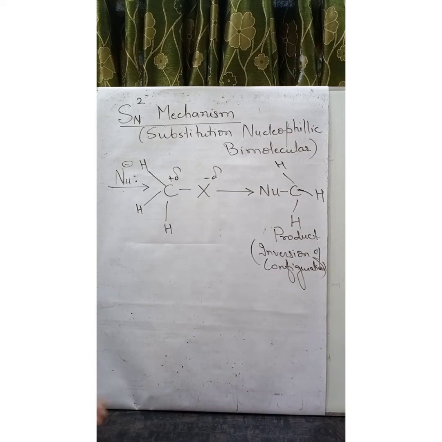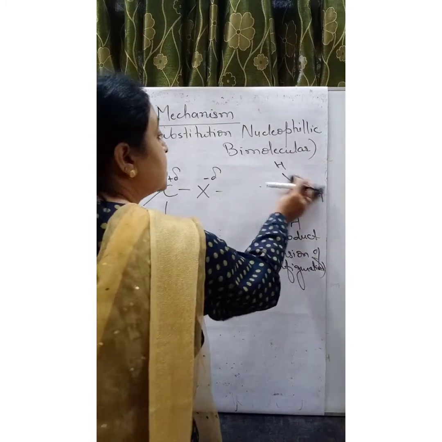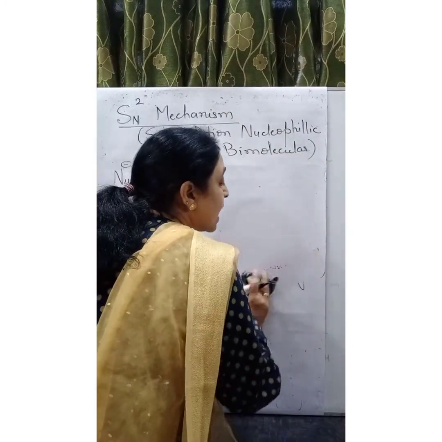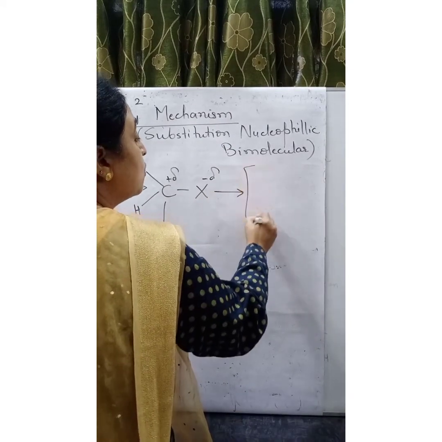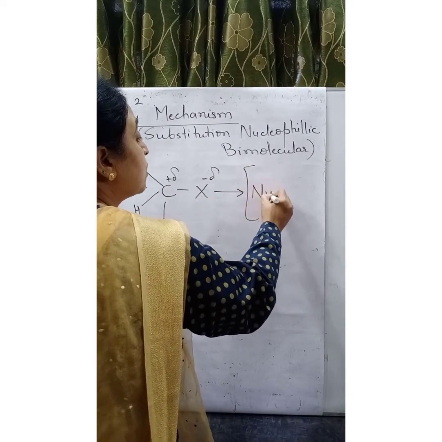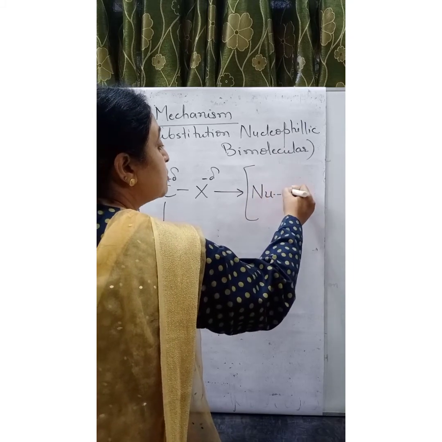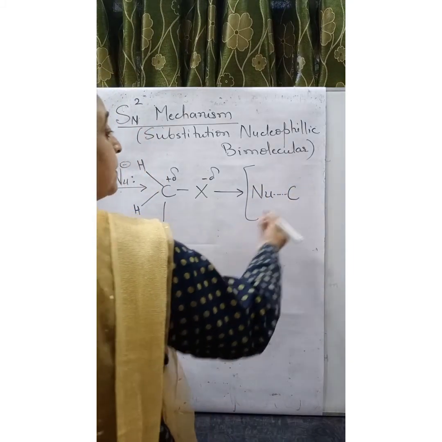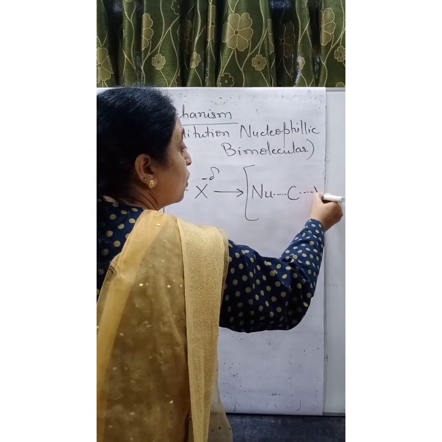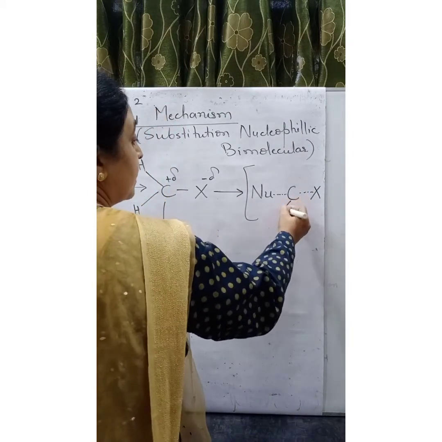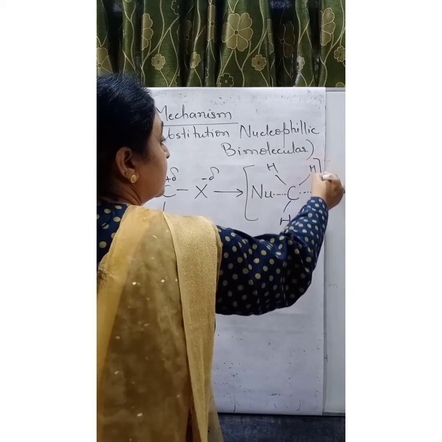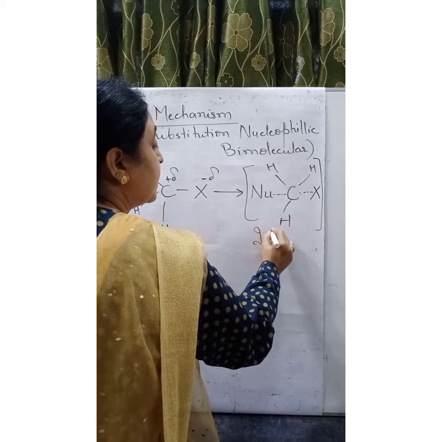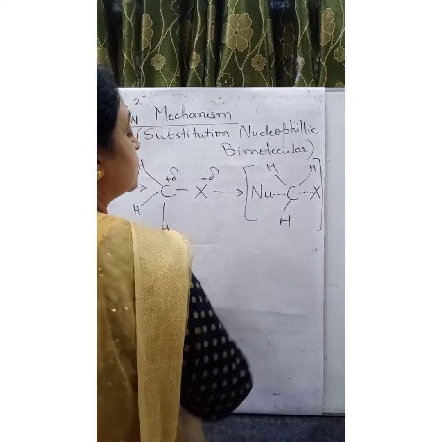Now when this product is formed, we have an intermediate stage in between. Here you will notice that the nucleophile is slowly approaching closer to the carbon atom and the halogen is slowly leaving, and we have the other groups attached to it. So this is the intermediate, or you can say the transition state.